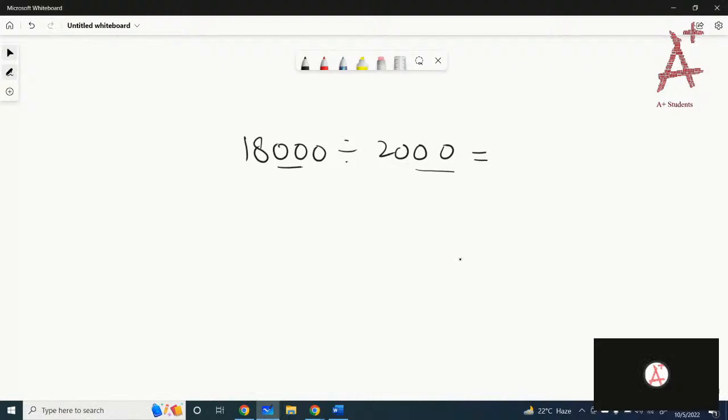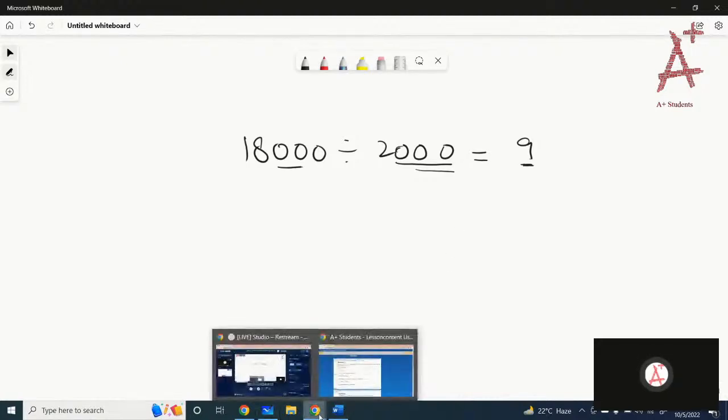Just divide 18 by 2. 18 divided by 2 is 9. So when you divide 18,000 by 2,000, the answer is 9. Got it? That's how you divide with the number of zeros.